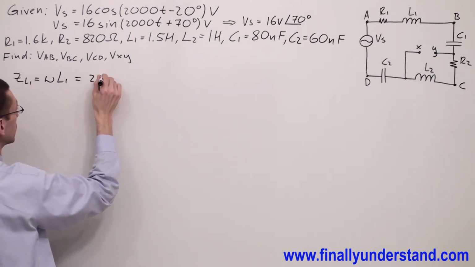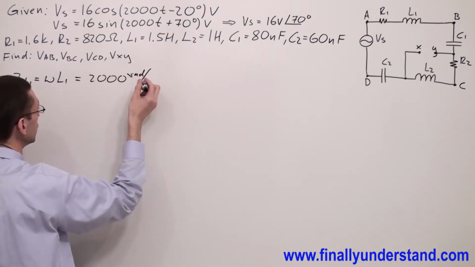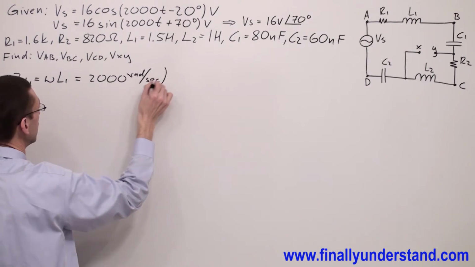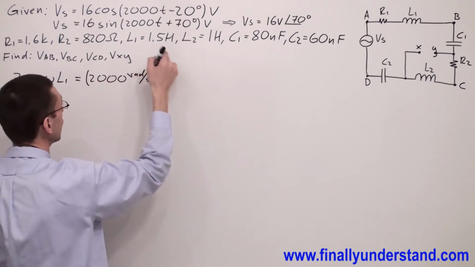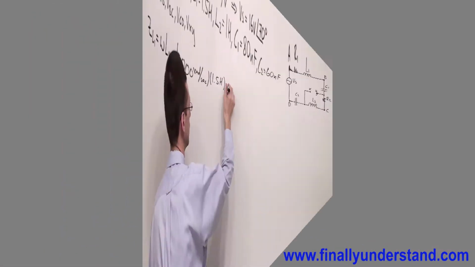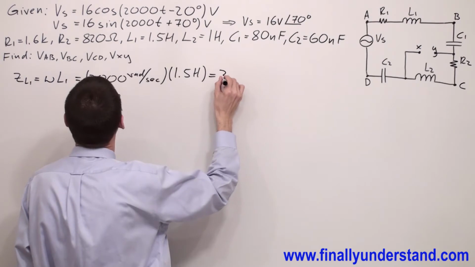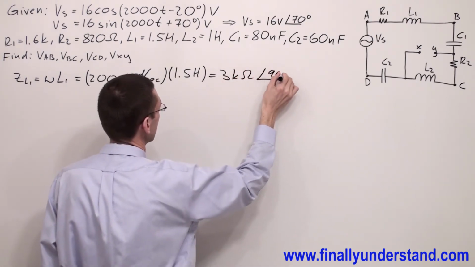So I have 2000 radians, because omega is expressed in radians per second, times L1, and L1 is equal 1.5 Henry. This is equal 3 kilo ohms and angle of 90 degrees.